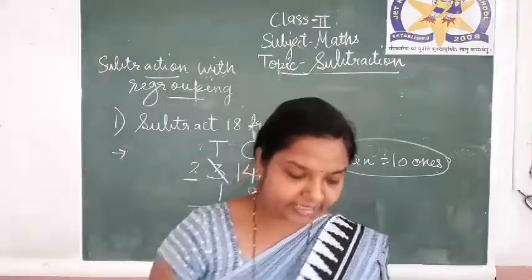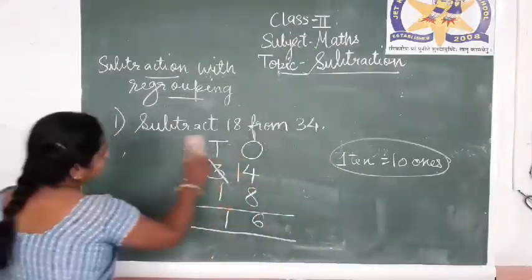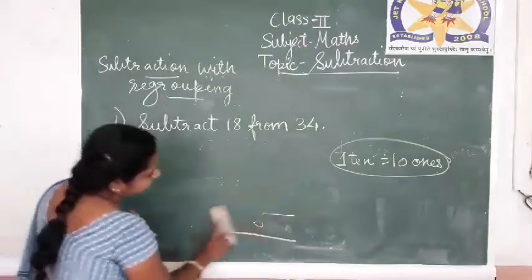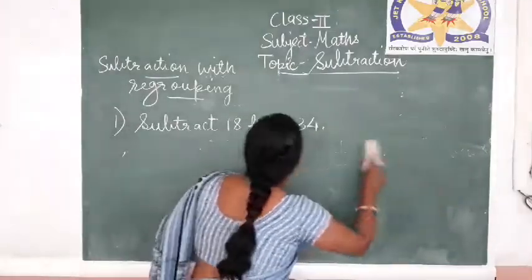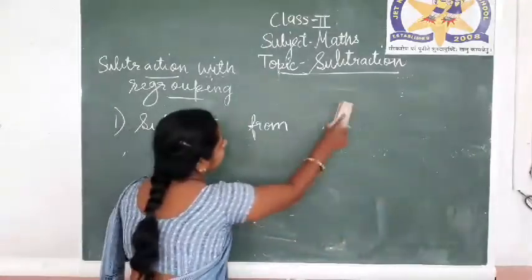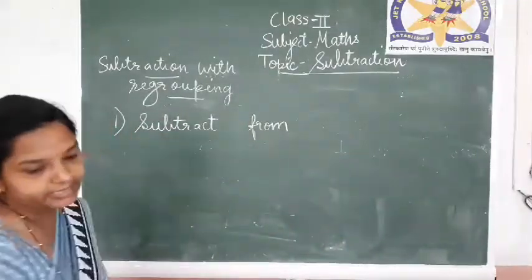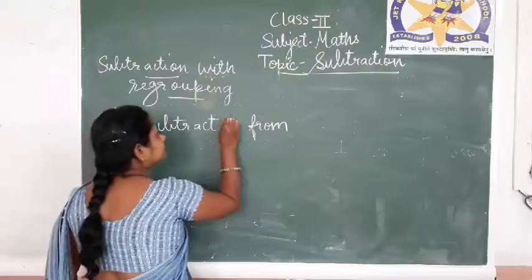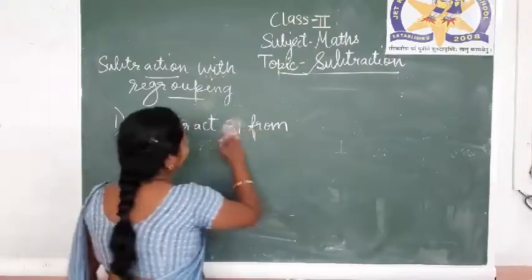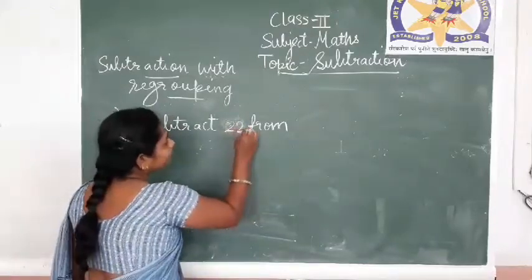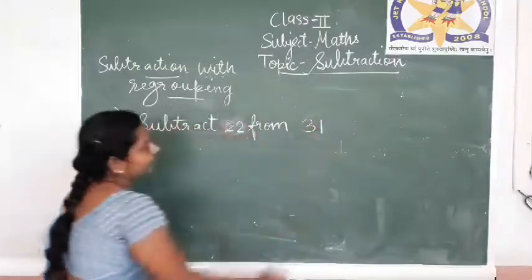Let us take one more example from the textbook itself. Subtract 22 from 31.